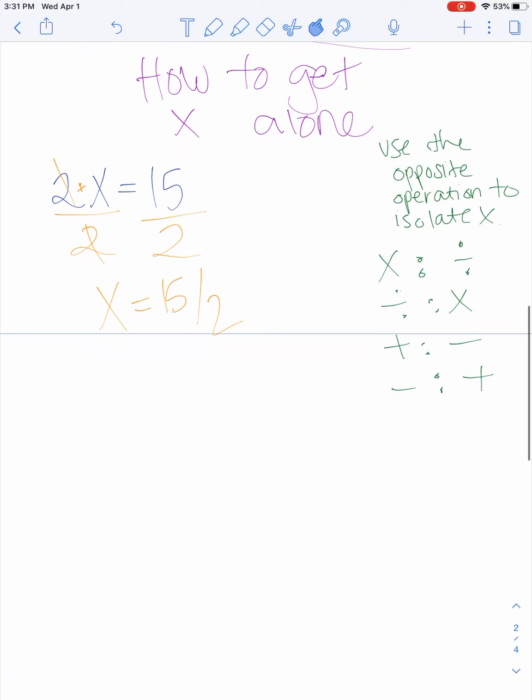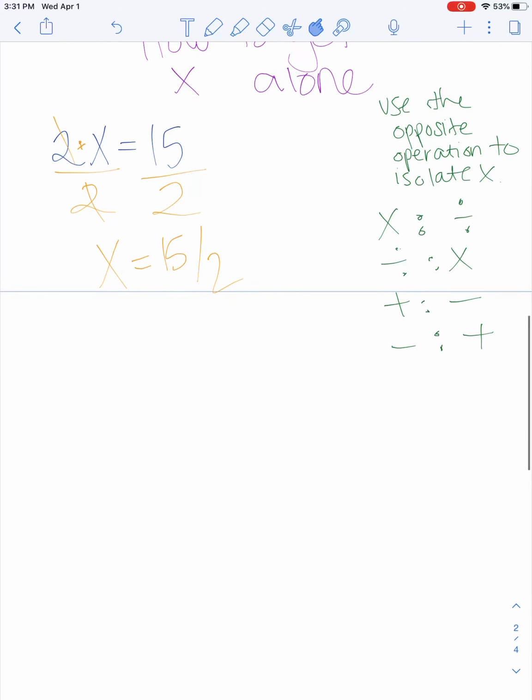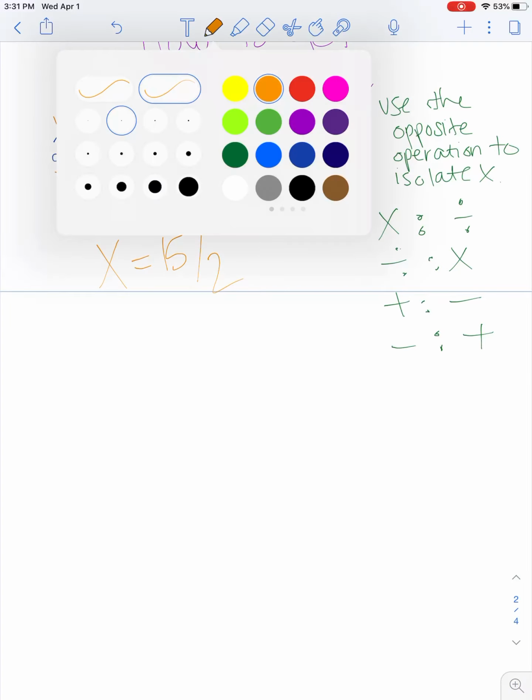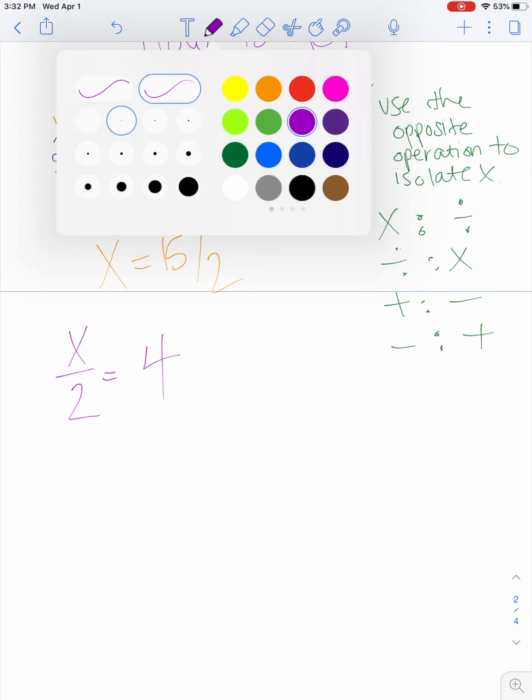Okay, how to get x alone with something other than multiplication. Let's say that x is part of a fraction, like x over 2 equals 4. I know whenever people see that, they get super scared because it looks horrible, but it's really not that bad.